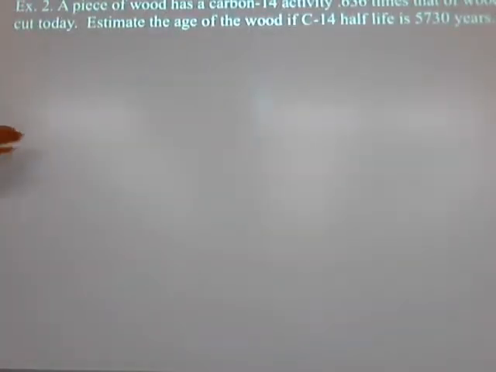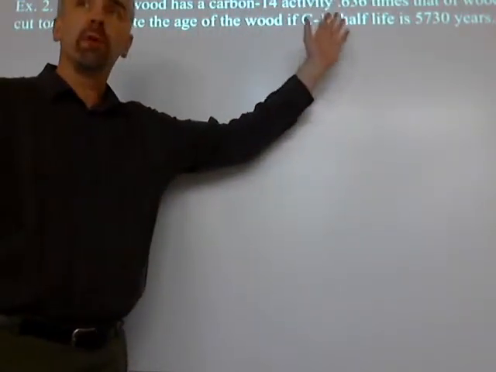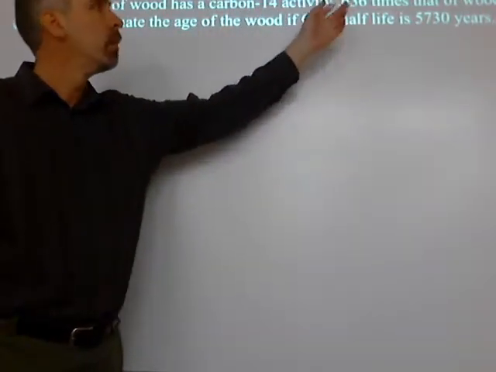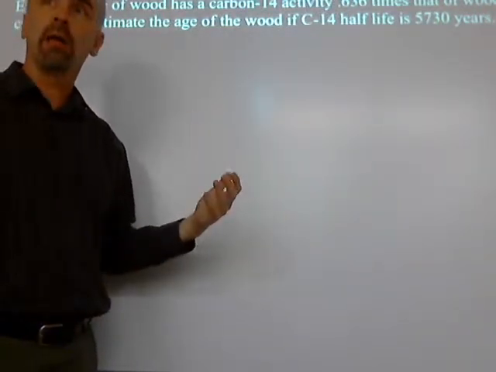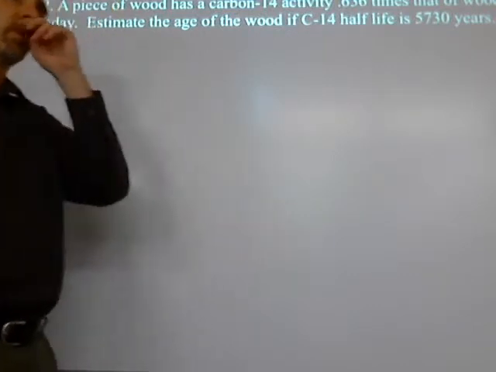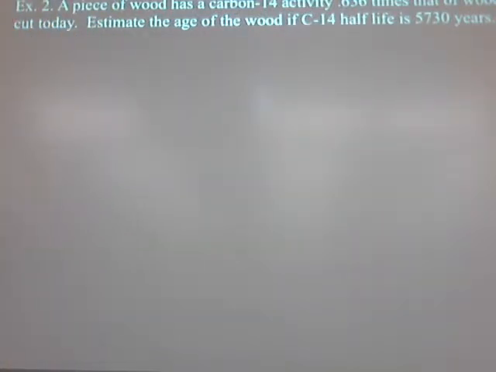You realize A over A sub 0 is another way of saying the fraction remaining, right? 0.636 times the activity it has today that it used to have. Let me ask you this. If it had half the activity, it's a simple question, and a kind of question you might get in the multiple choice format.